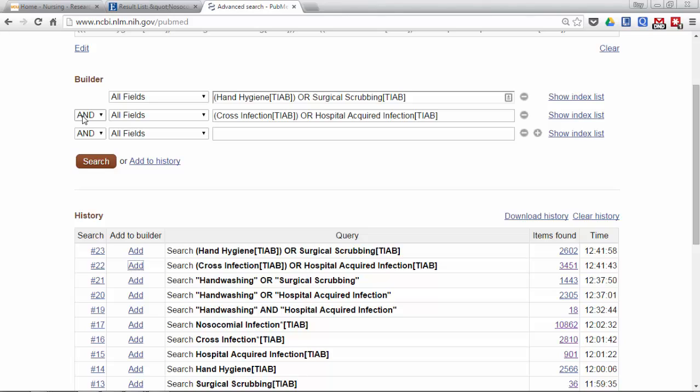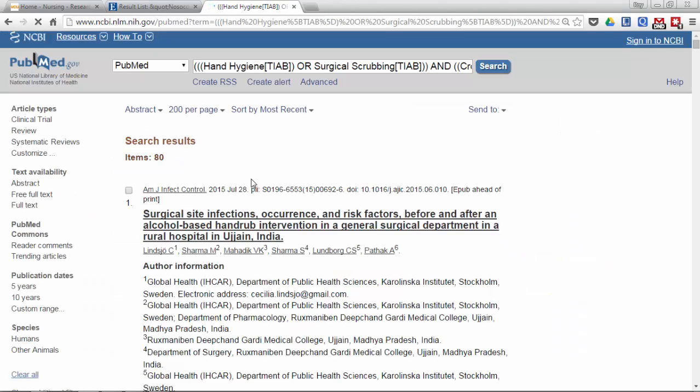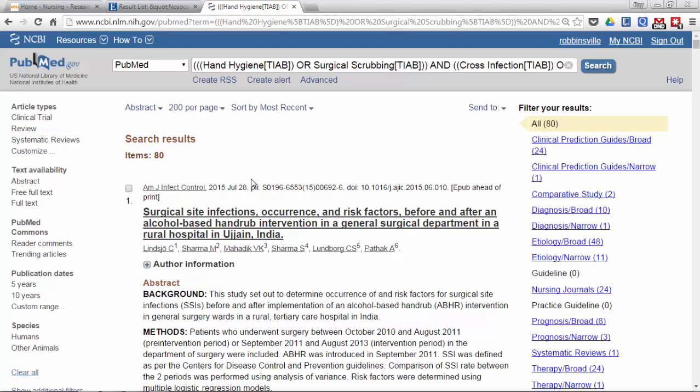Now, where and comes into this is if I add these two groups together and then and them to make a direct relationship, I'm going to get articles that talk about either hand hygiene in relationship to one of these two terms or surgical scrubbing in relationship to one of these two terms. When I click on search, I'm going to get a number that is much smaller than either the 2,600 or the over 3,000 I had from the previous two groups.